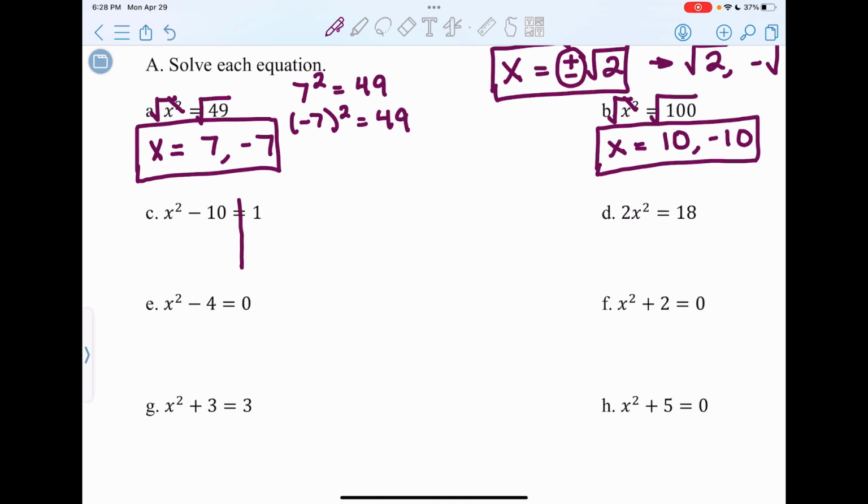So the opposite of subtracting 10 is adding 10, which gives me x squared equals 11. And now to get rid of the square, I'm going to square root. 11 is not a perfect square, and it cannot be simplified further because no perfect squares divide 11. And so my values are the square root of 11 and negative the square root of 11.